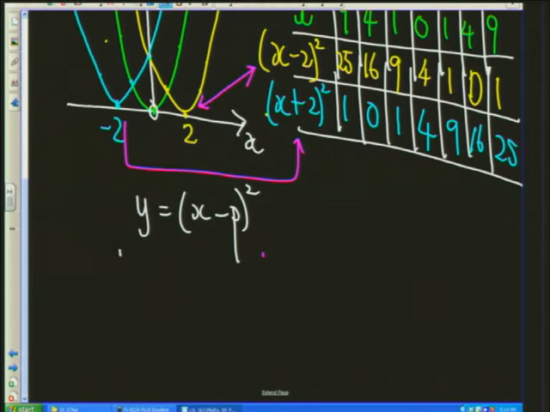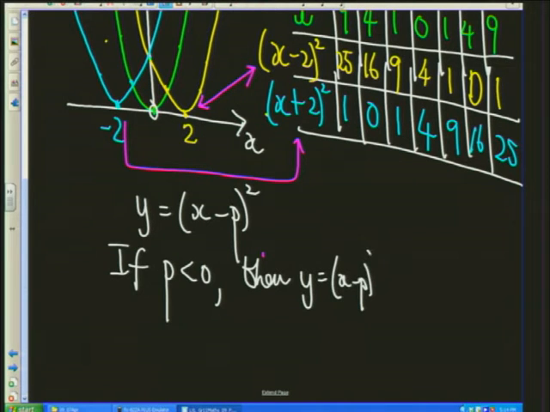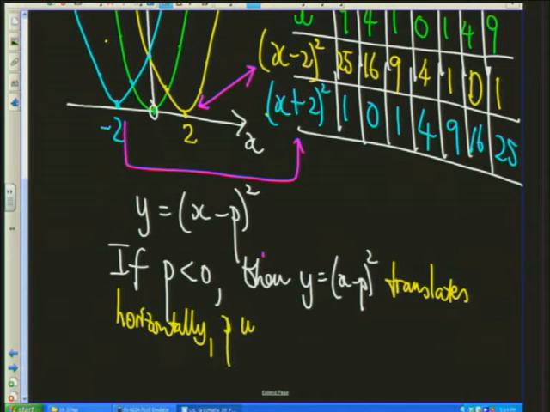So if p is negative, then y equals x minus p translates, which way did it go? Remember, it's this graph here. Then that translates horizontally. How many units? P units to the right.